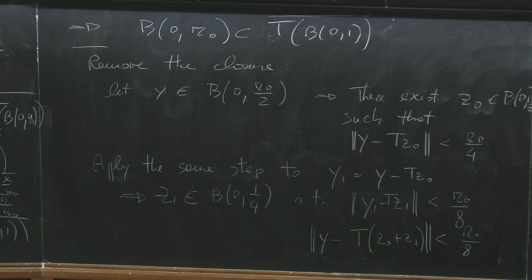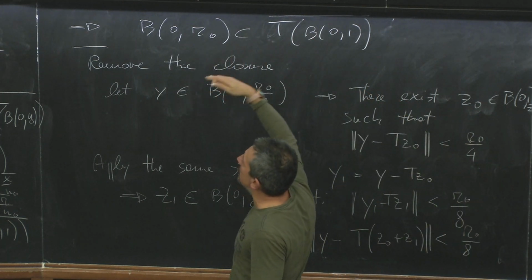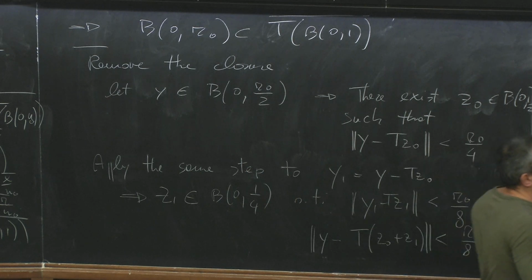I am just using this observation and scaling it accordingly to the needs. So zn is a Cauchy sequence, so the sum over zn up to n is Cauchy.